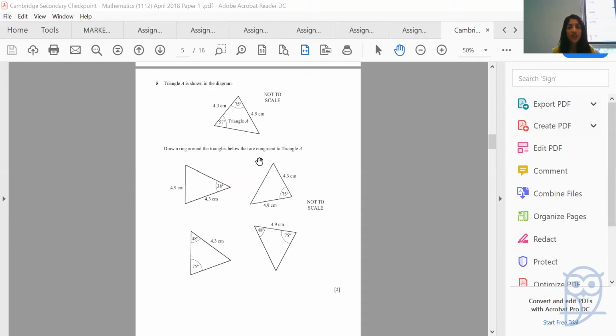Okay, so if you look at that, it says triangle A shown in the diagram.